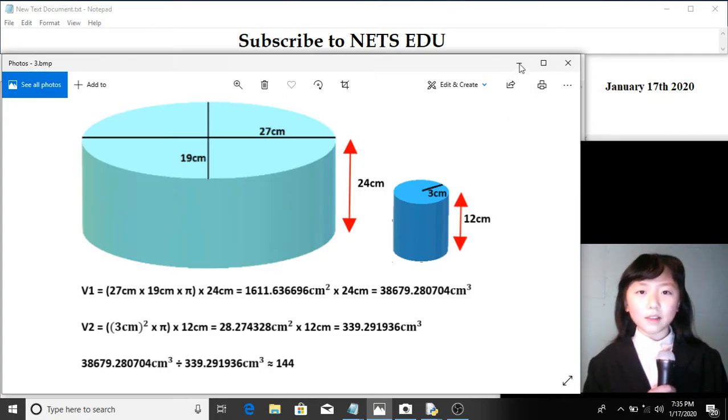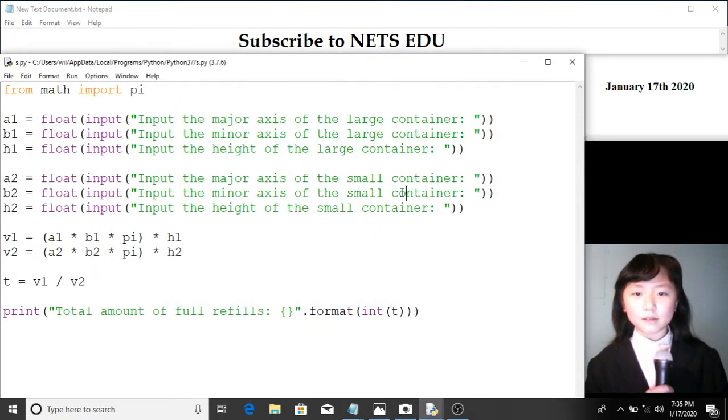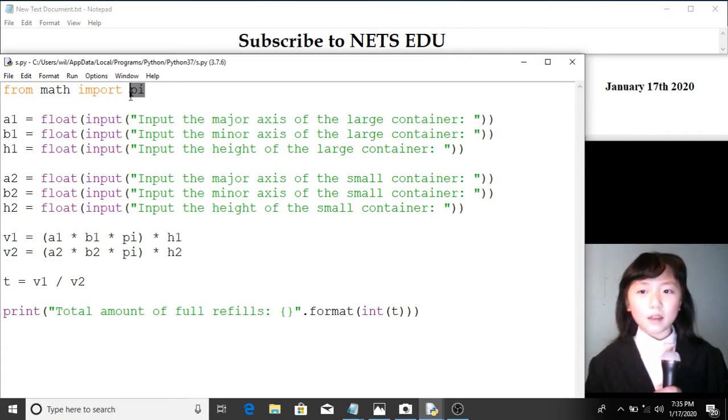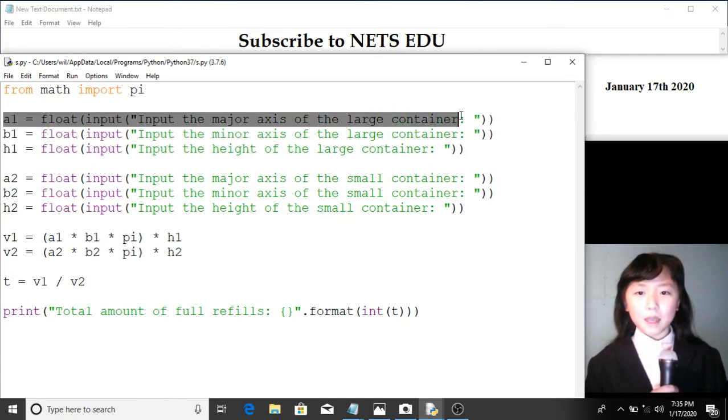Now let's have a look at our Python program. Over here, from the math module, I import the pi function. This will be the really accurate pi number. A1, which is the major axis of the first container, will let the user input the major axis of the larger container.